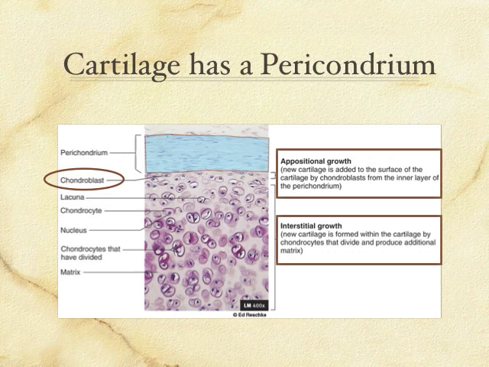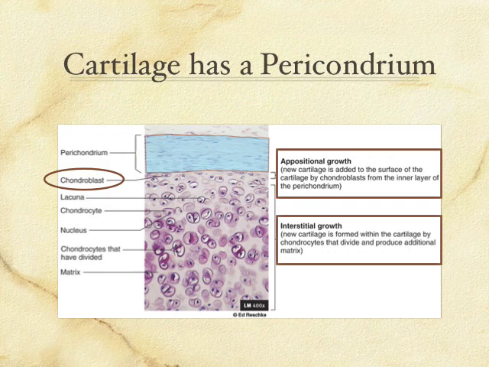If you want to change bone, you've got to have cells to take it away and add new stuff in. But cartilage, because it remains soft, can grow both by adding more to the outside, but by building more from the inside as well. So cartilage is different in that way. But always remember that this is avascular tissue, so it's a very slow rate of growth, all in all.